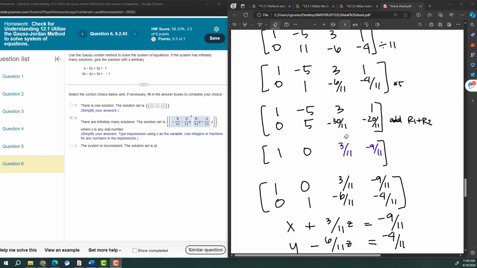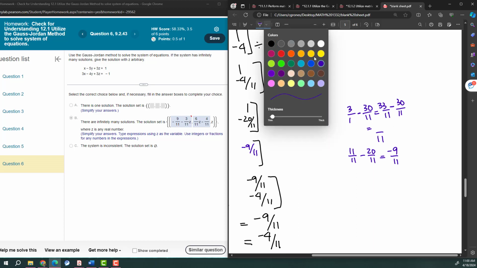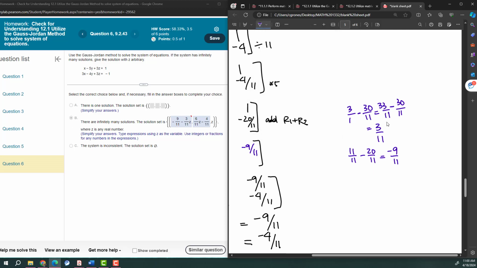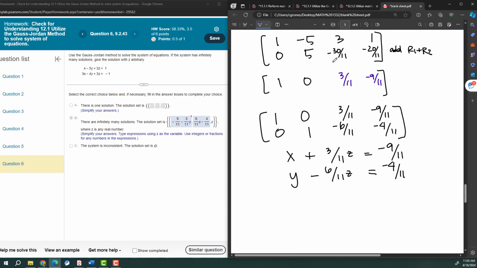When I originally added these back here, I did not bring the negative over. I had added them. So when I added them, I had gotten 63, but the correct answer would be 3 over 11. So I went back and changed that to be 3 over 11.